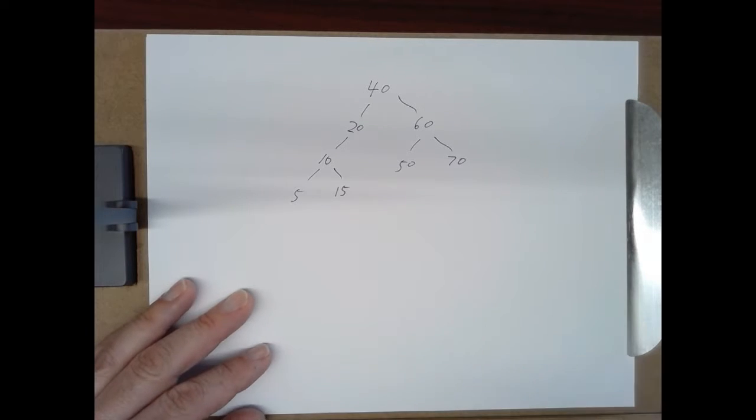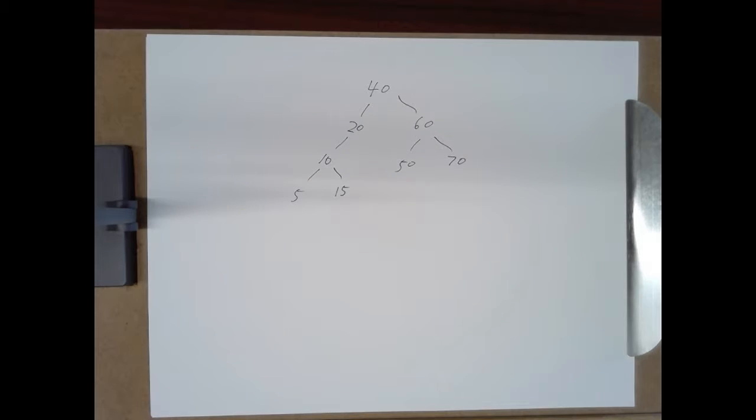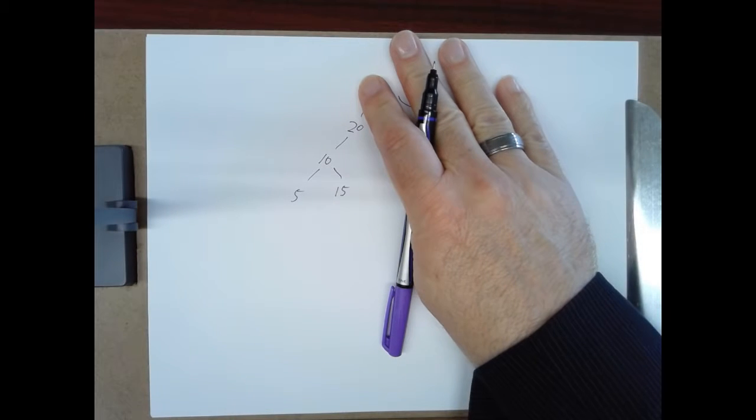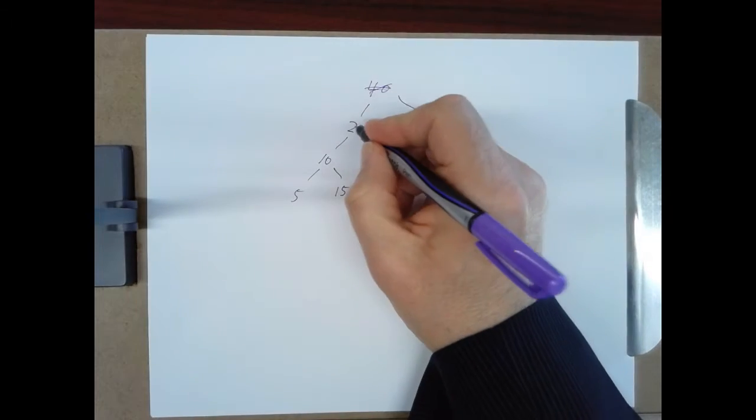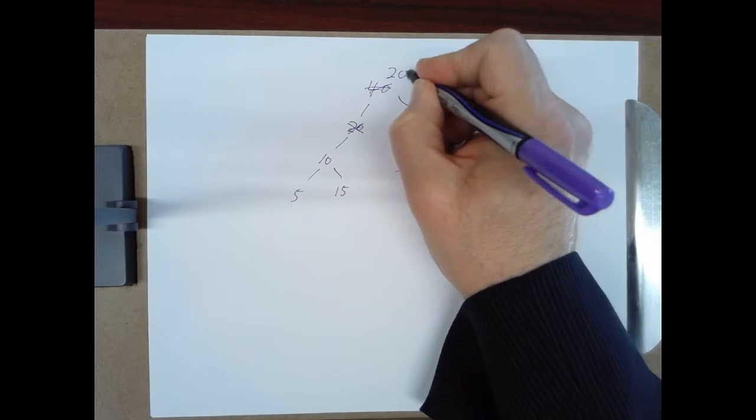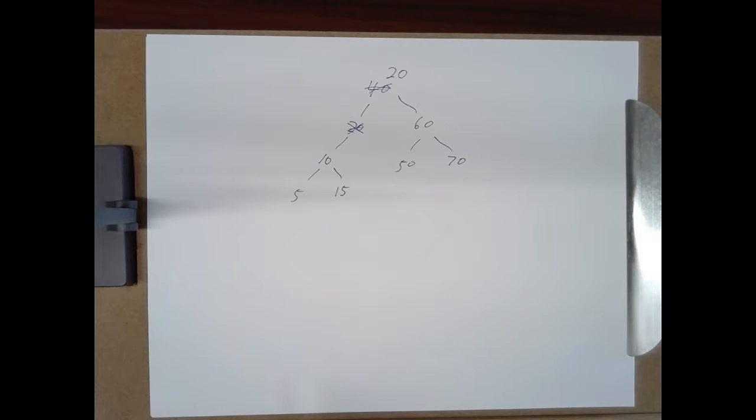And we want to use the largest element from the left subtree. So what's the largest element in the left subtree? It's a 20. So we want to delete this, and we want to replace it with a 20. But now it's pointing to null. So we have the danger of orphaning part of our tree.